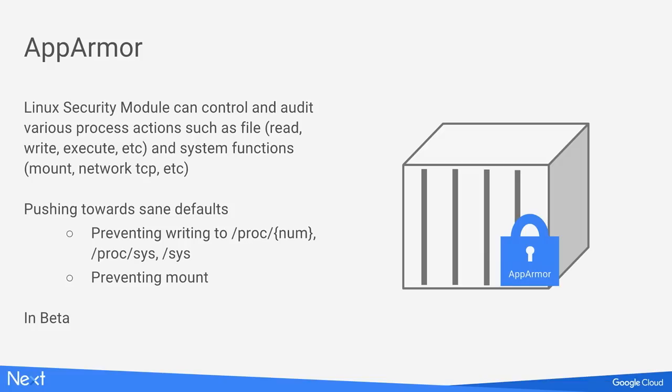You can also deny system functions like mount, netraw, stuff like that. It doesn't cover all system functions, there's only a small subset. And we're going to push towards sane defaults here. Docker has a sane default that prevents writing to proc, prevents writing to sys, all the things that you should not be doing regardless, unless you are running as a privileged container, and preventing mount.